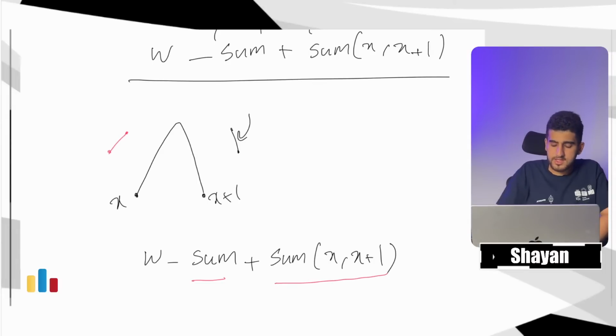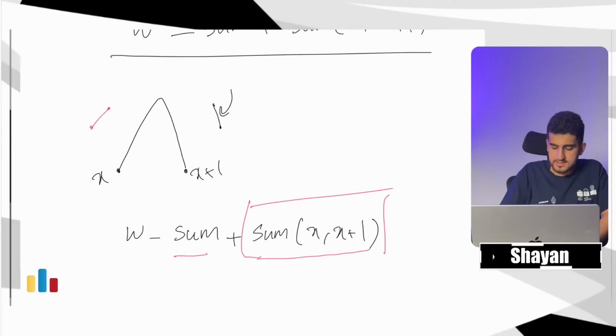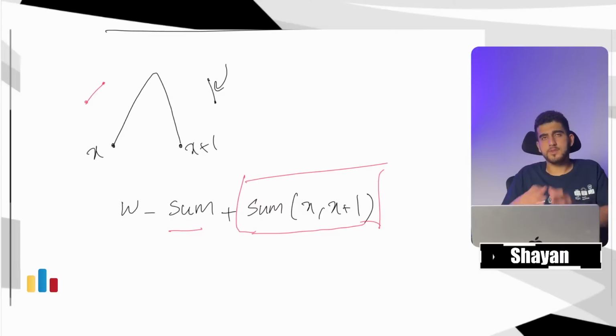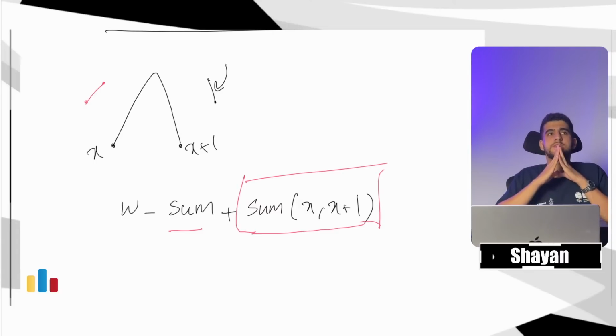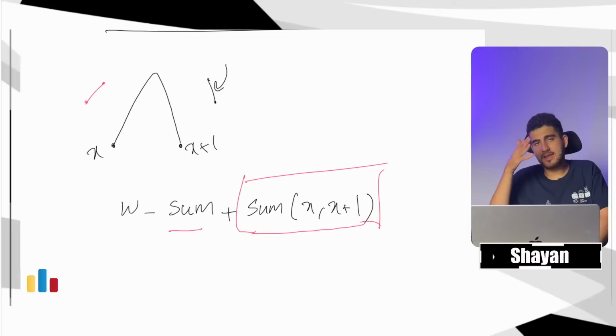So the only thing that we care about is the sum of the known edges from x to x plus 1. So we can initially set everything to be 0, and then each time when we add an edge, update the value of that edge, and our query is to update this value of the sum of x and x plus 1.